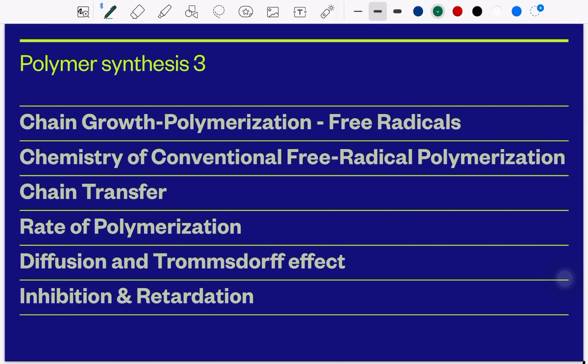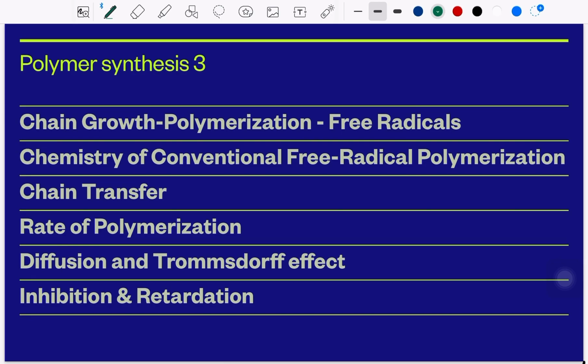So we are going to learn the definition first, the chemistry, how it goes, the reactions, the chain transfer, which is another term to define how the process will work, and the rate of polymerization.